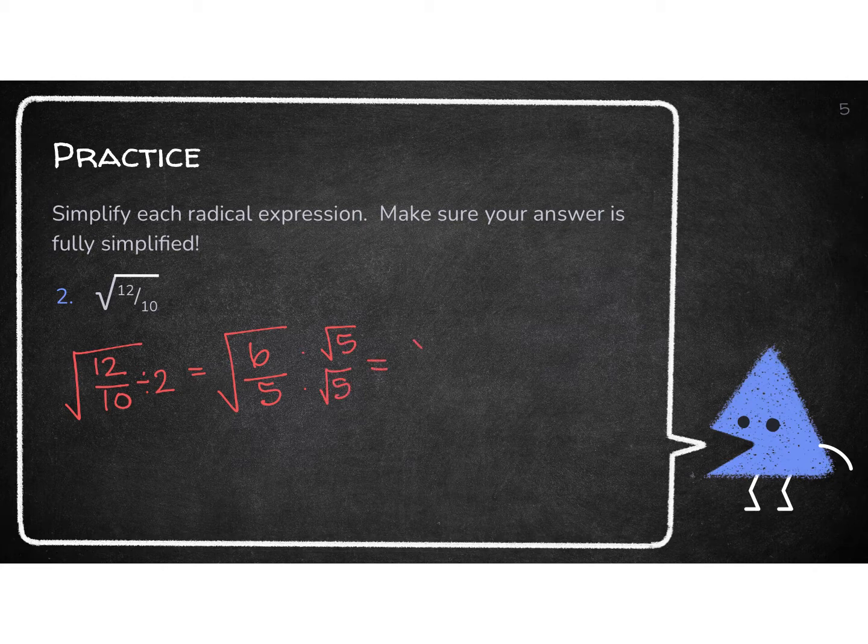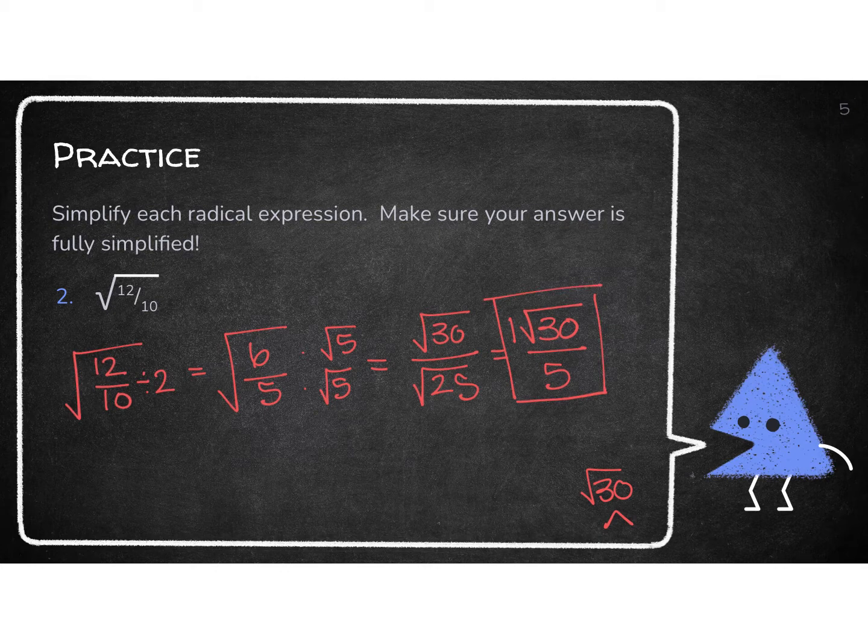So that's going to give me the square root of 6 times 5, which is 30, over the square root of 25. Again, I know the square root of 25 is 5. The square root of 30, I can try to break it up, but there's nothing I can split it into, so it's going to stay the square root of 30. So right now, it's like saying 1 square root of 30 over 5. I can't simplify 1 over 5. So, again, that's my final answer, and I'm good to go.